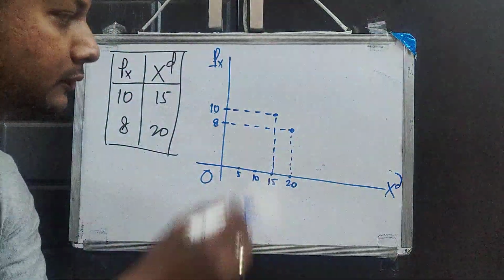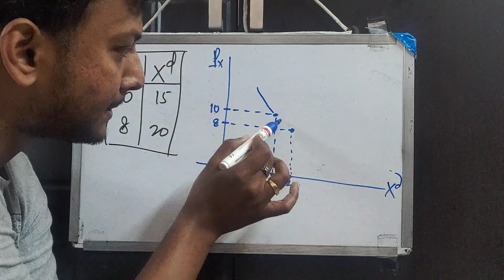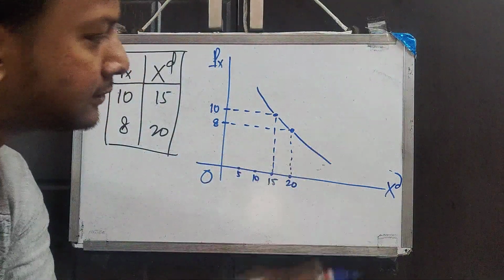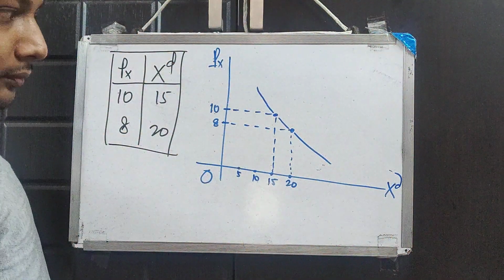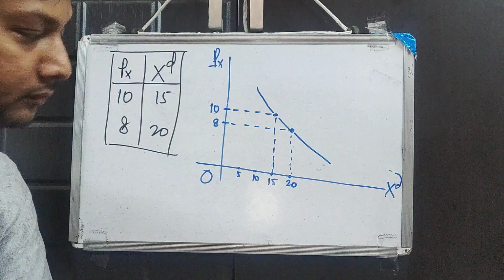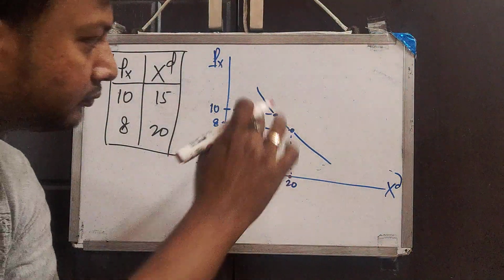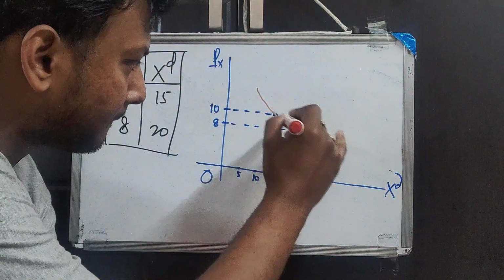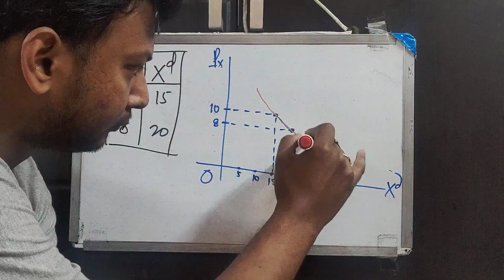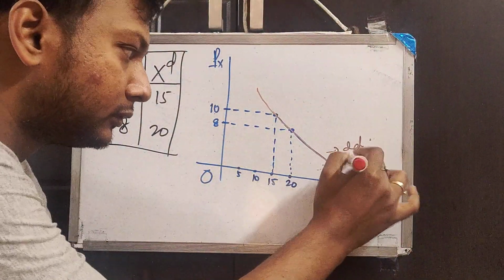If you join these, that is going to be his demand curve. This is the demand curve.